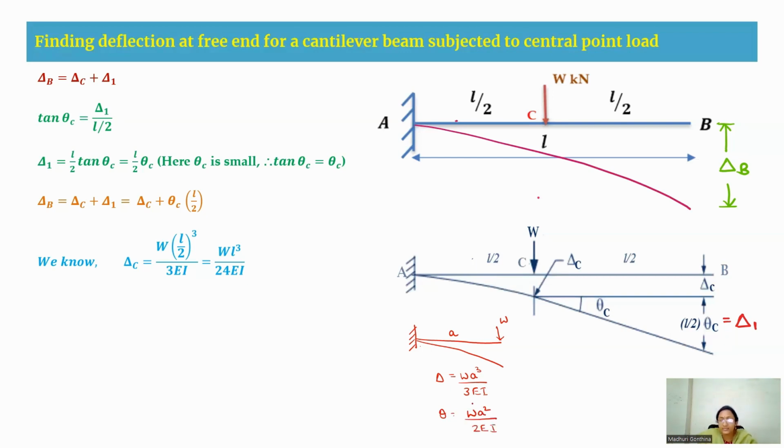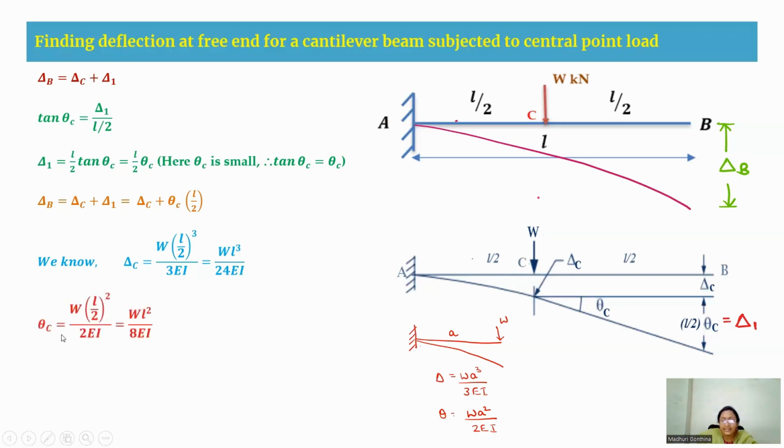These are things we derived in the previous course on deflection of beams. So delta is WA cube by 3EI. Here A is L by 2, so when you substitute, you get WL cube by 24EI.